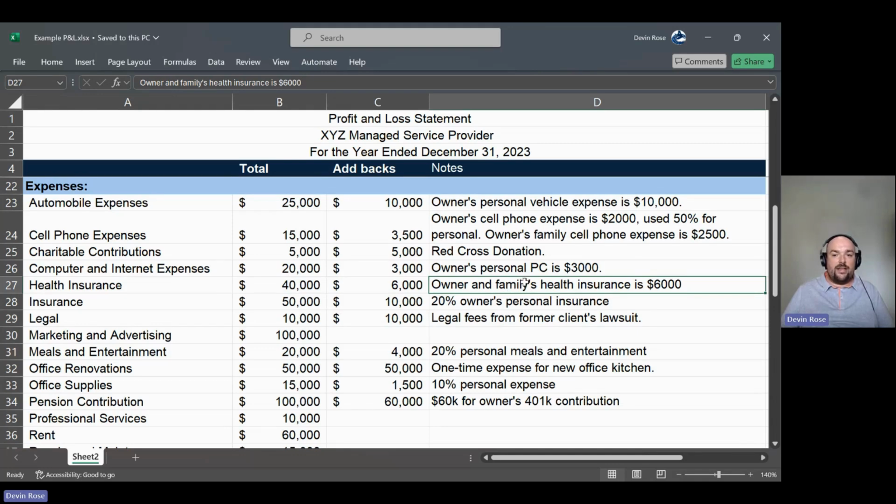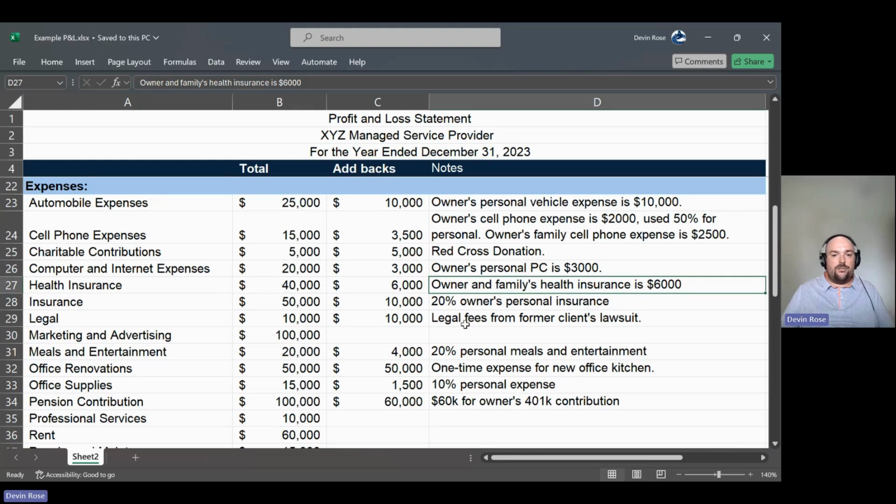So in that case, the add back wouldn't necessarily be for the full cost of the owner's health insurance. It would actually be for the difference if the owner has a premium health insurance plan compared to the cost of a more basic health insurance plan that might be offered to the employee. That's what would be added back.